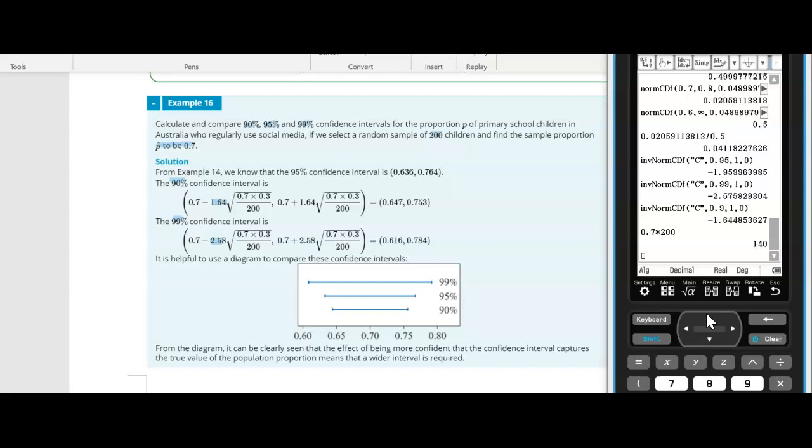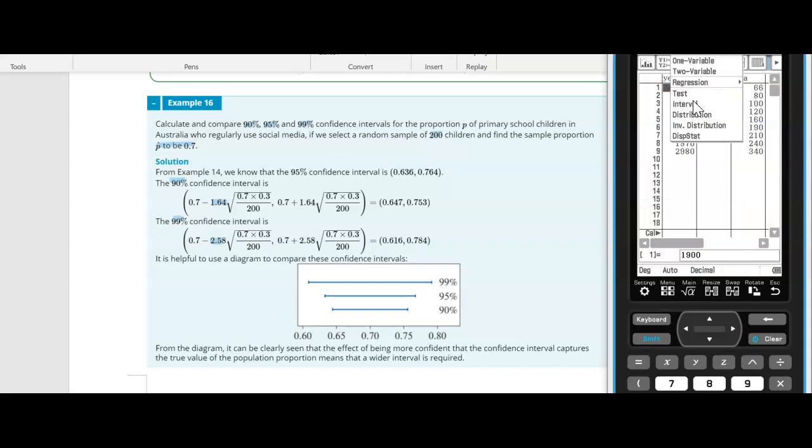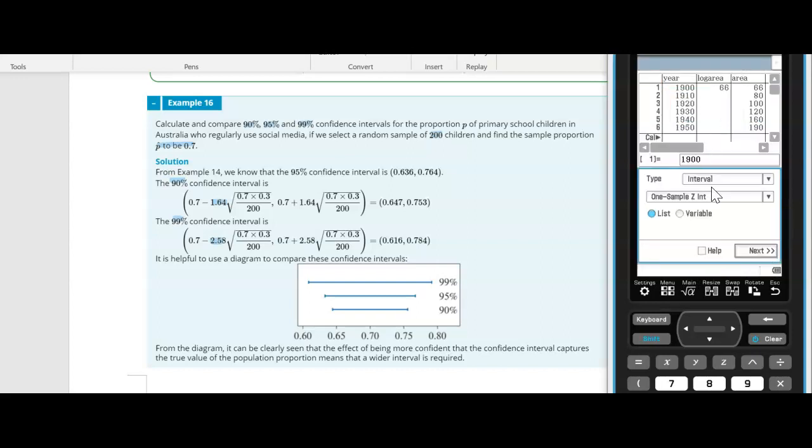So 140 people regularly use social media. If you wanted to go back and use that function that we did before, in statistics, calc, interval, what do we want? One-Prop Z. So confidence interval, let's do the 90%, so 0.9. x was 140, and n is 200.